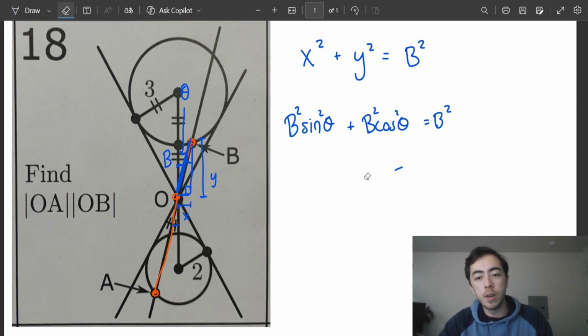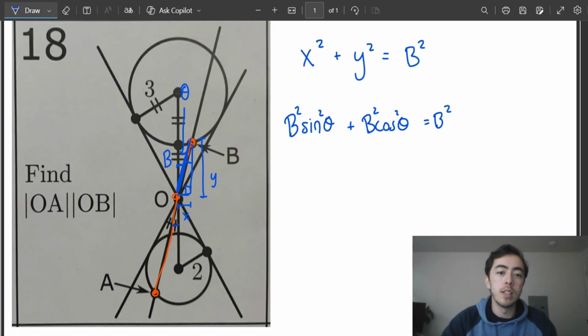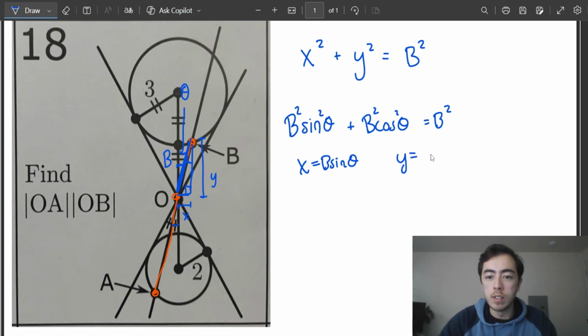Anyways, I'm not doing that though. What I'd rather do instead is think about some kind of equation that I could write for this circle and plug in, not all this squaring stuff, but rather plug in the fact that x is equal to b sine theta, and y is equal to b cosine theta into some equation for this circle.